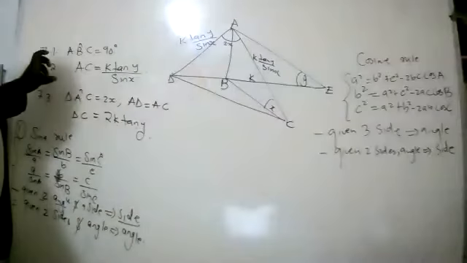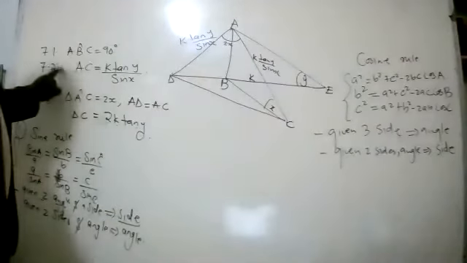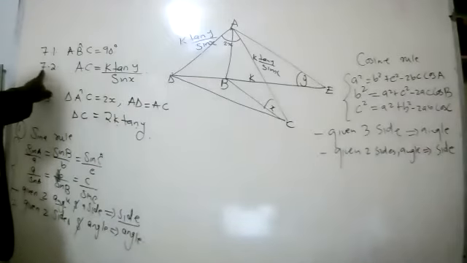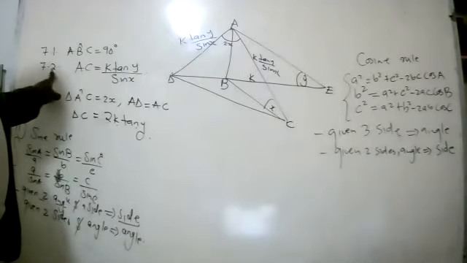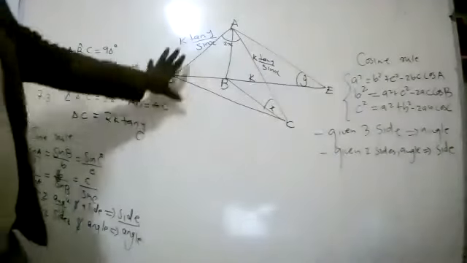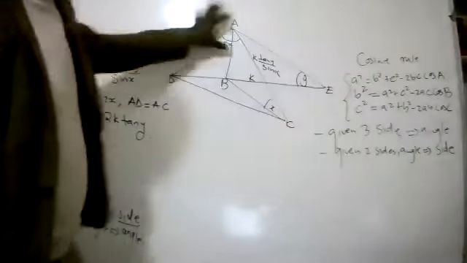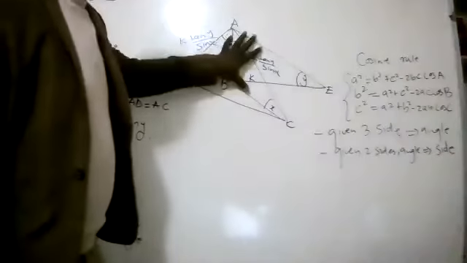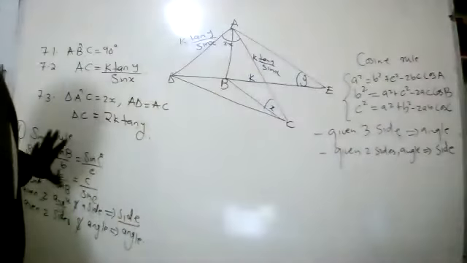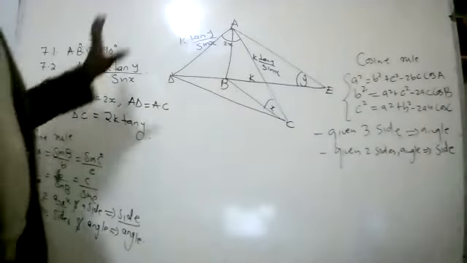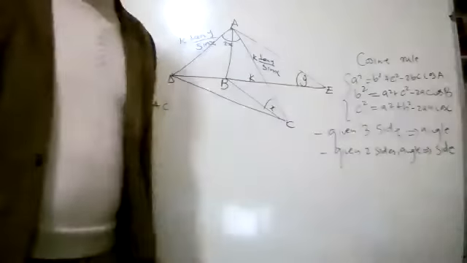Another thing you must take note of is that the information we used to find question 7.2 is very important. You must be able to interpret the graph you are given, and you must know how to apply these rules: the sine rule, the cosine rule, and the area rule.